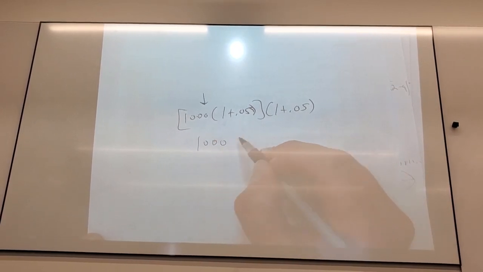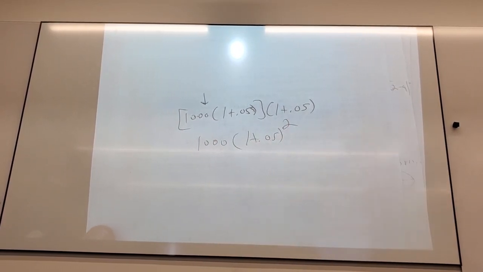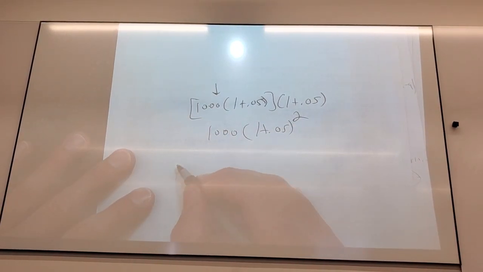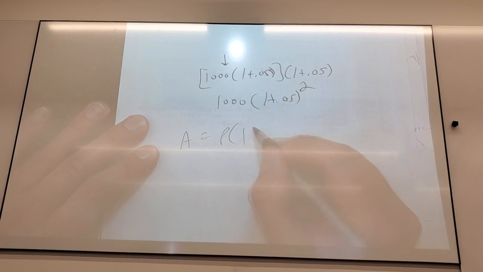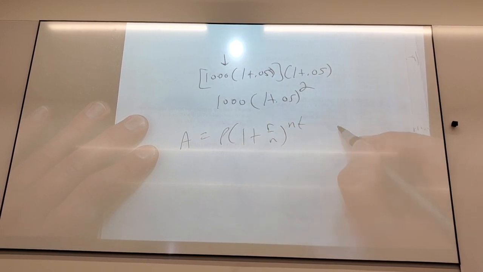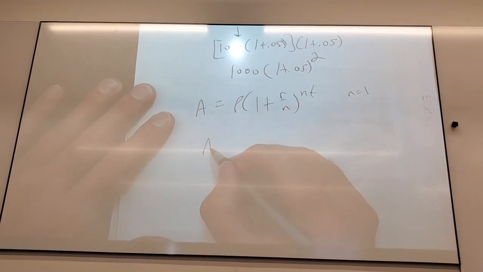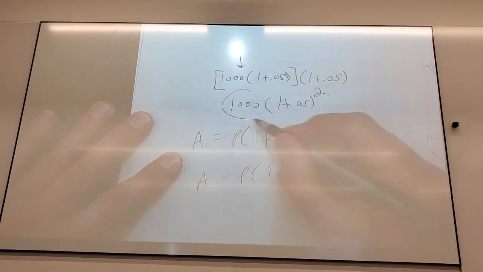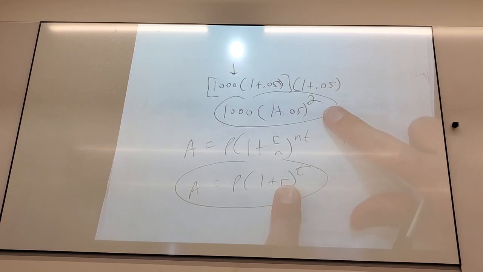Wouldn't this be 1,000 times 1 plus 0.05 squared? Now looking back at the equation, if I make n 1, it becomes this. Do you see how that's exactly the idea?